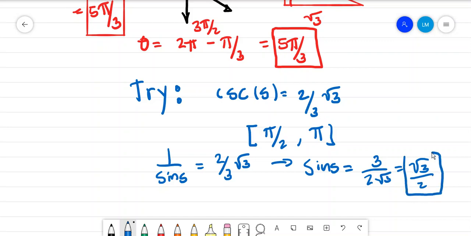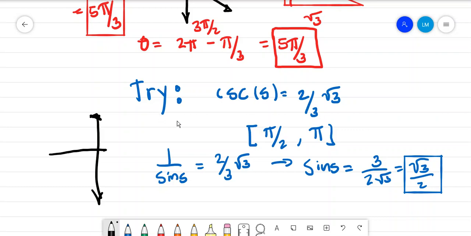So that means that you would have to figure out what sine inverse of root 3 over 2 is, and then from there account for the fact that it has to be in the second quadrant. And that's because it says that. There's no tricks about it. If it says it's in the second, then it's in the second.